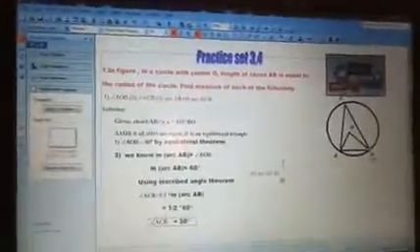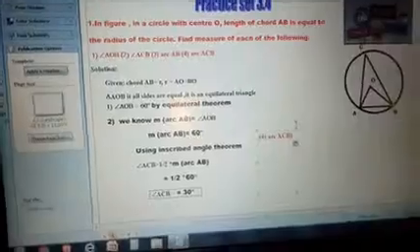Arc ACB. So the measure of arc ACB. Do you know ACB means it is a major arc and AB is a minor arc. And we have learned the measurement of arcs. What is the sum of the complete arcs? It is 360 degrees.